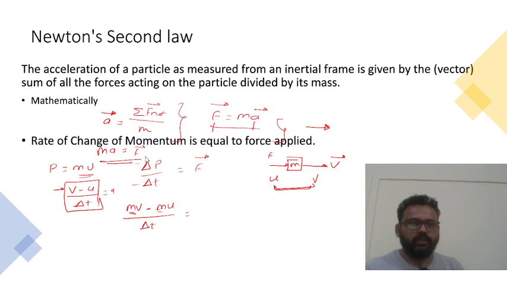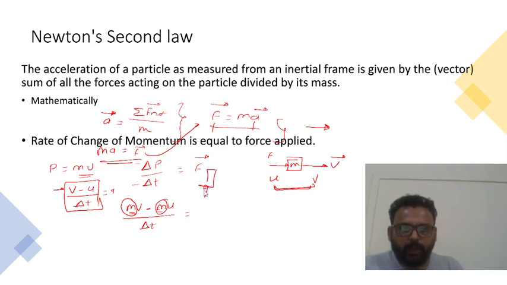So you get mass into acceleration equal to force. See, this is a special case. Now, what is the general case of changing mass? Imagine a satellite carrying a certain amount of fuel. Fuel has some mass. So at the time of its launching, it starts burning its fuel.